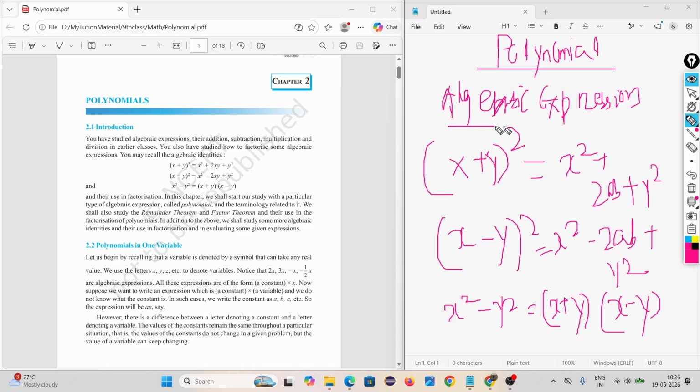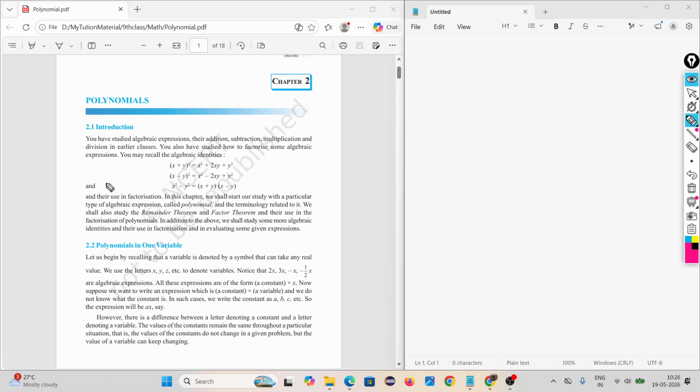It is telling about algebraic expression. There is a small difference between algebraic expression and polynomial. Okay, we will understand this. And they are used in factorization. In this chapter, we will start our study with a particular type of algebraic expression called polynomial.